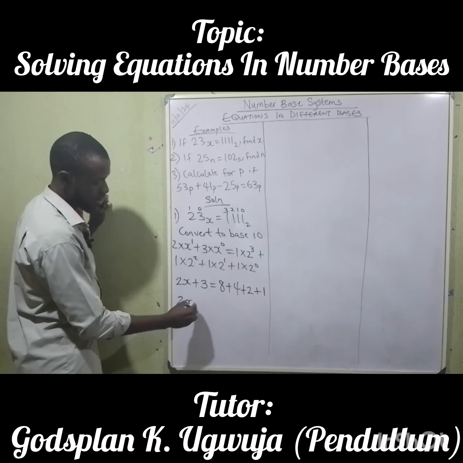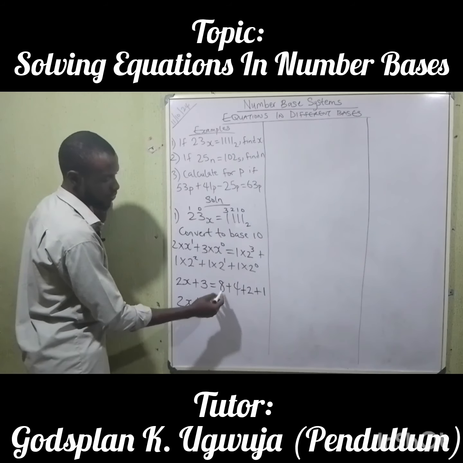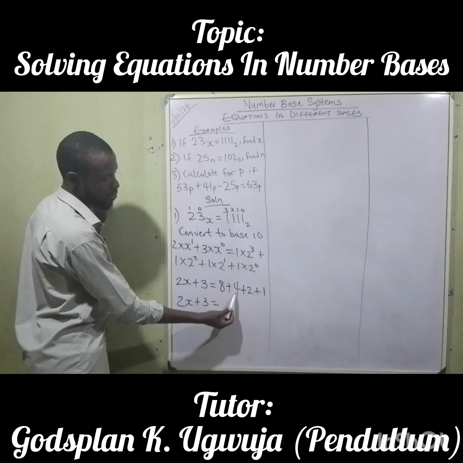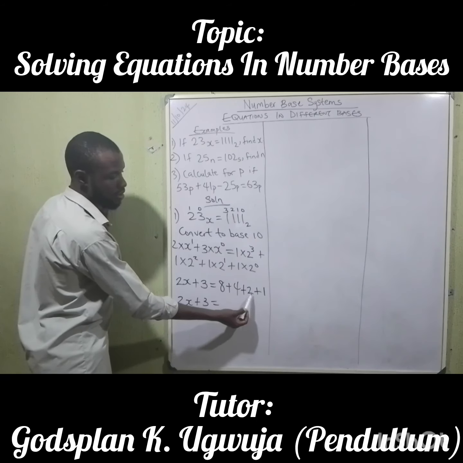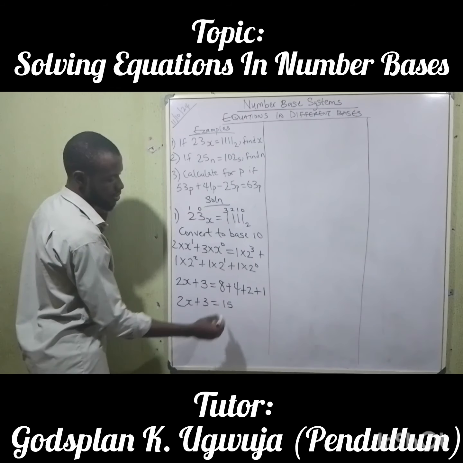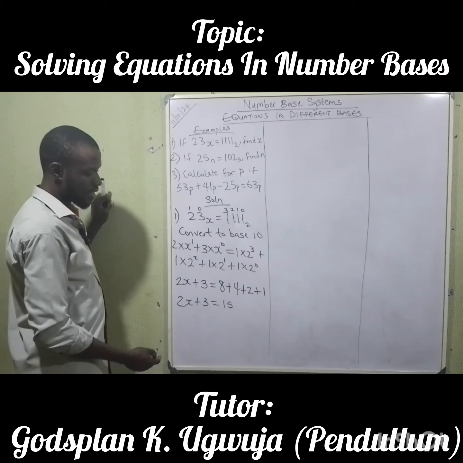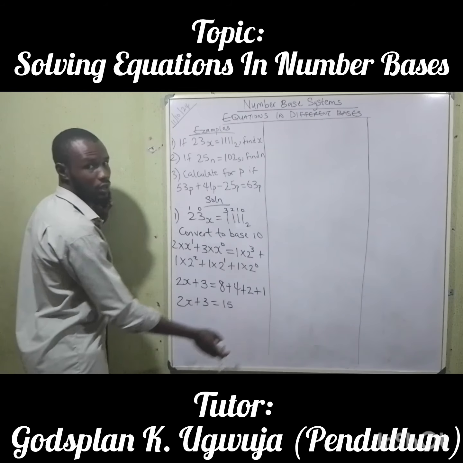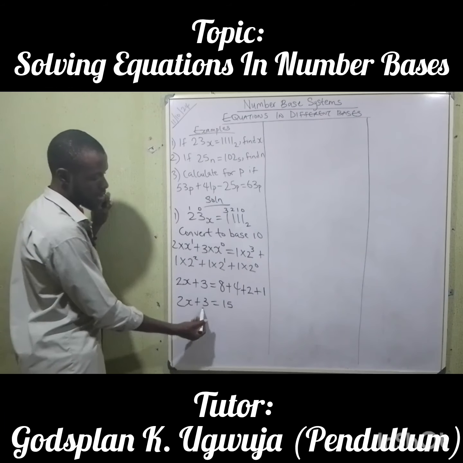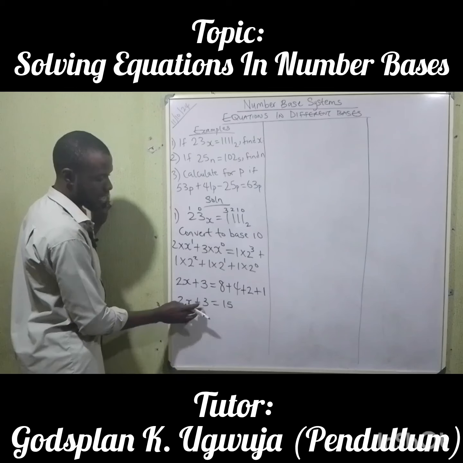I can still have that 2x plus 3 is equal to, if I add up this side, 8 plus 4 is 12, plus 2 is 14, plus 1 is 15. All right, then I collect like terms. Simply plus 3 is going to move to the other side. Why? These two are numbers, so they are like terms.